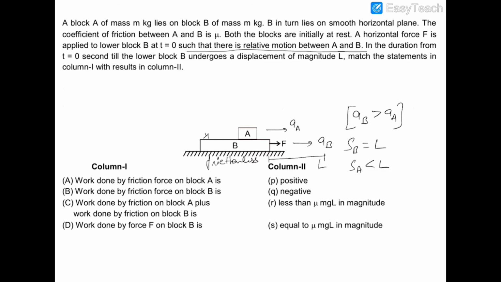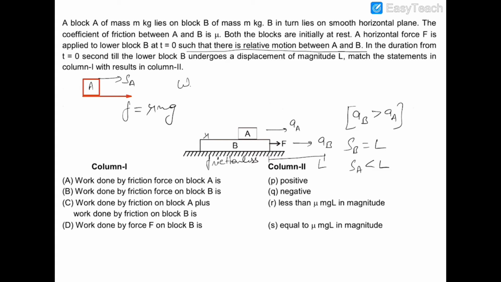Now the friction force acting on A will be in the forward direction. This is the block A, and the friction force acting on A will be in the forward direction, and the displacement of A will also be in the forward direction, which is SA. Now the value of friction will be mu mg, because sliding is occurring and friction will be acting to its peak value.